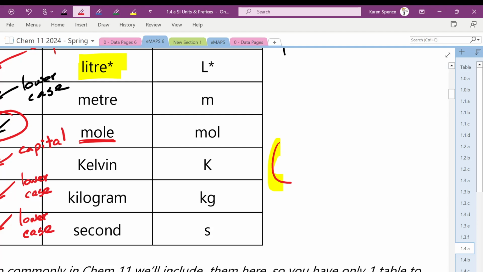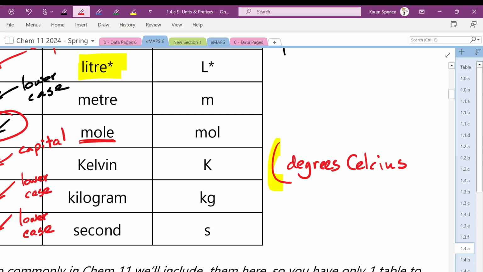Celsius, degrees Celsius. Okay, so we will probably in our lab be using degrees Celsius because that is what our thermometers measure.